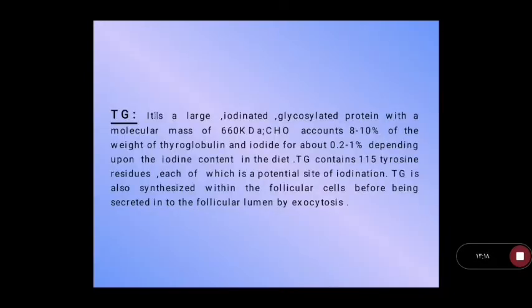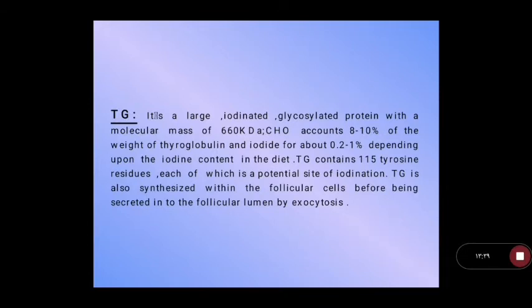We come to thyroglobulin. It is a large iodinated glycosylated protein. First, it is large, 660, it contains iodine, it contains carbohydrate so it is glycosylated, and it contains protein because of the tyrosine, with a molecular weight of 660.